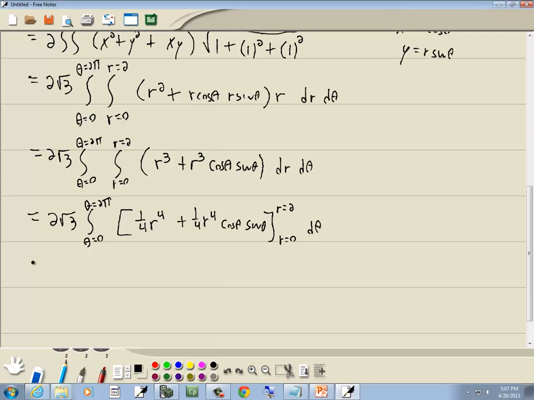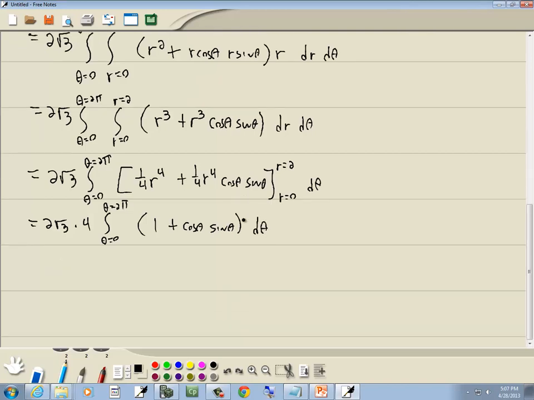And I can take that 4 and put it clear out in front. And then we got theta is equal to 0 to theta is equal to 2 pi of 1 plus cosine theta sine theta d theta. Which gives us 8 square root of 3.